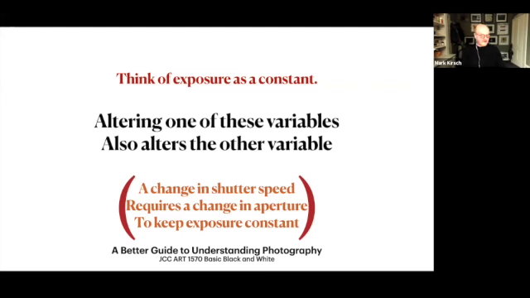So that 100 miles is the exposure. The 100 miles per hour is my aperture. It's the intensity, right? And then the 1 hour is my shutter speed. It's the length of time. So if I have a lot of intensity, 100 miles per hour, I use a short time, 1 hour, to get my 100 miles.